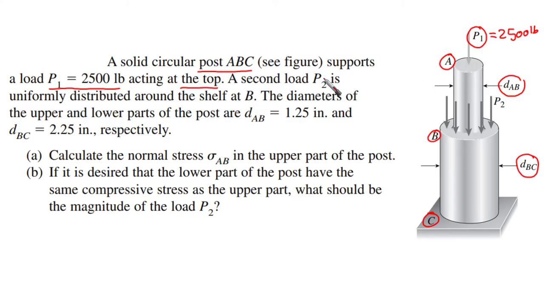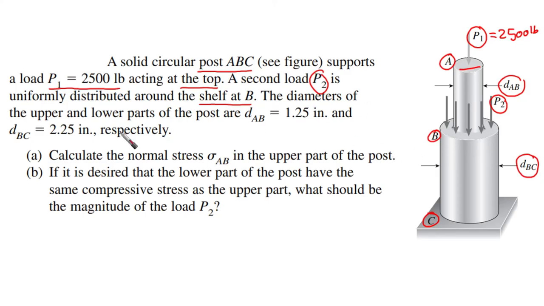A second load P2 is uniformly distributed around the shelf at B. You can see this load P2 is a distributed load, not a concentrated load, and it is distributed around the shelf at level B, or at this surface, because we have different diameters between the upper and lower parts. So we have this shelf.